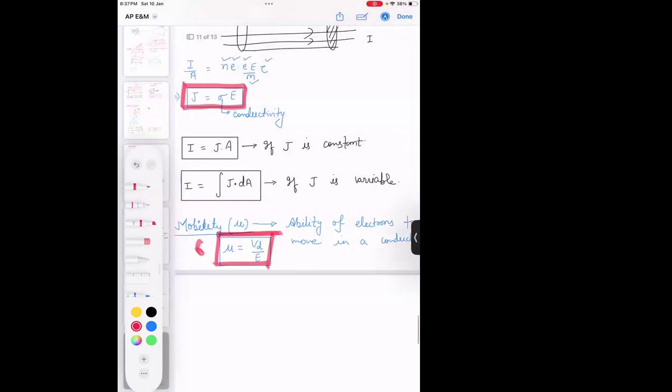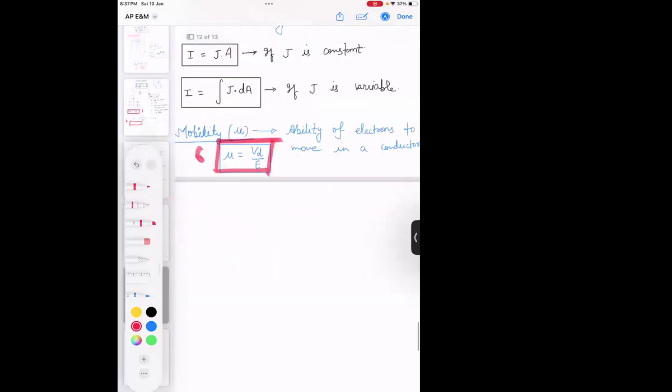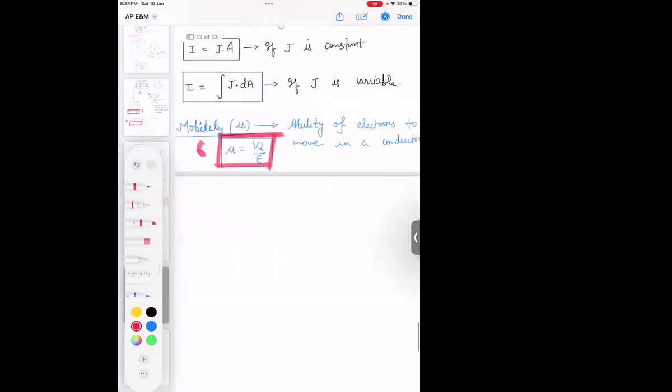Understood? So if someone asks you what is the direction of current, if you see the positive charge is moving, then you will say whatever is the direction of positive charge, that is the direction of current. And if a negative charge is moving in a conductor, then opposite to the direction of negative charge motion is the direction of current. Is that clear?